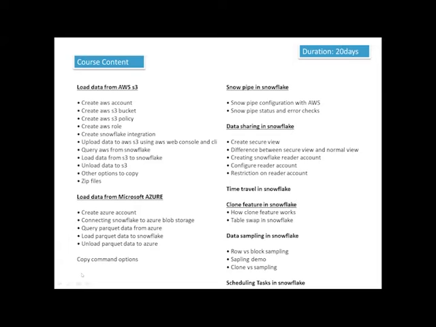Apart from that, in these sessions we are going to see how we load the data from Azure as well: creating an Azure account and connecting Snowflake to Azure Blob Storage. We'll cover querying Parquet data from Azure, loading Parquet data to Snowflake, uploading Parquet data to Azure, and copy command options.